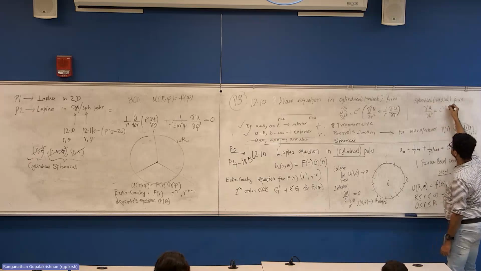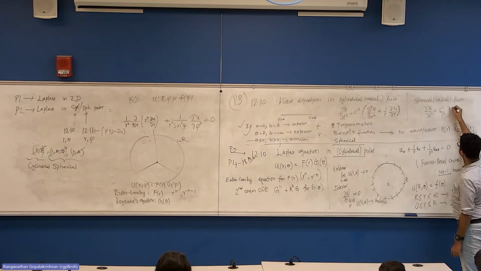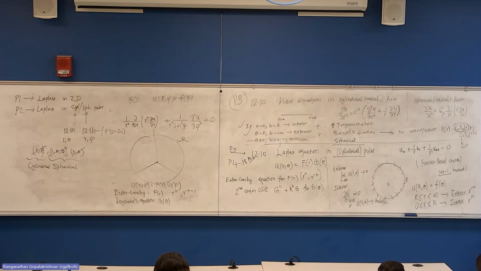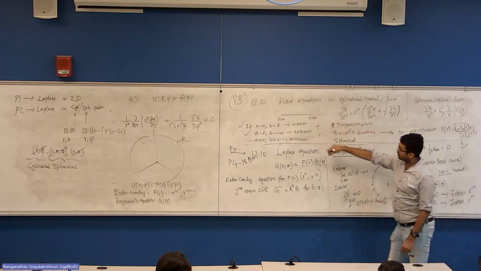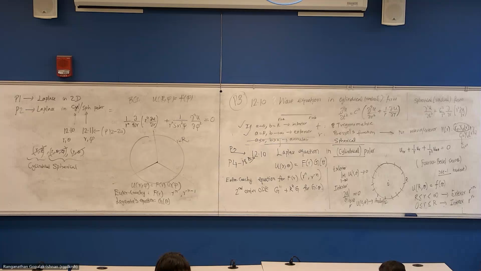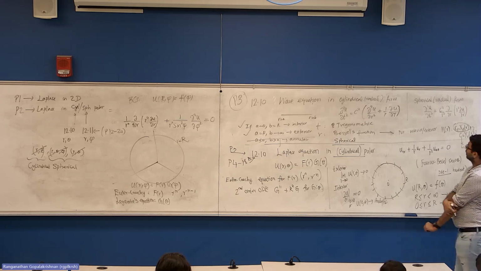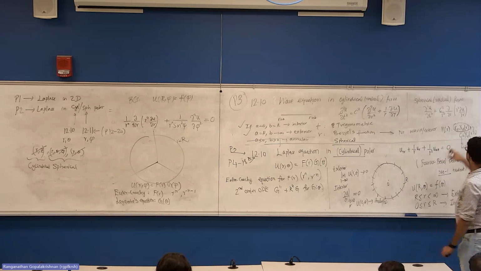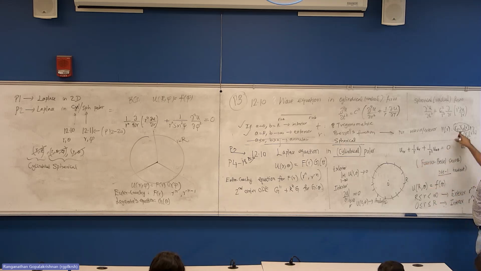It's just the first term 1 over r squared, partial derivative r squared u of r. Everything else, now the domain becomes a sphere instead of a circle. Yeah, nu be determined for h of r. Come again? How will nu be determined for h of r? We'll choose it. We'll choose it to be minus n times n plus, or sorry, we'll choose it to be minus n squared.